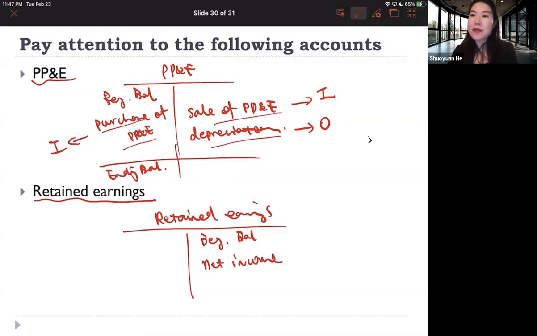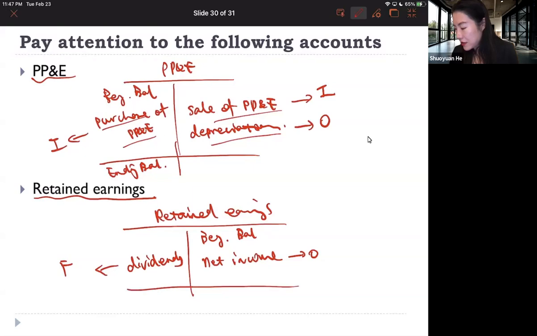So net income, that's the top line, the first line in your operating section. And then the decrease in retained earnings comes from dividends. Dividends are a financing activity. So after that, we have an ending balance.